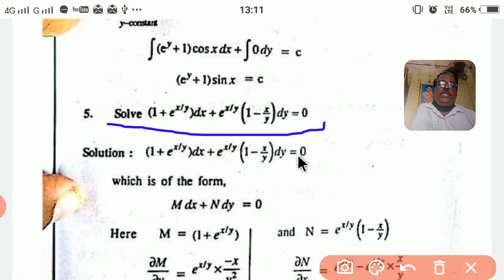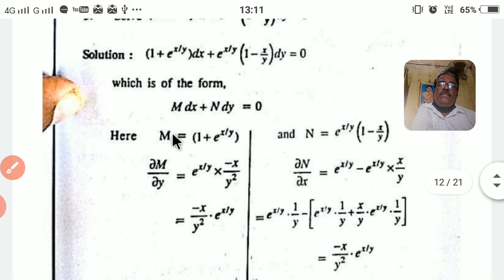Now comparing this equation with the standard equation M dx + N dy, we get M equal to 1 + e^(x/y), and comparing N, we get N equal to e^(x/y) (1 − x/y). So by comparing, we get M and N.